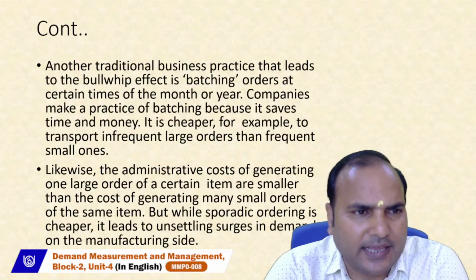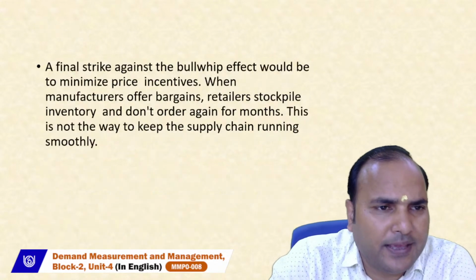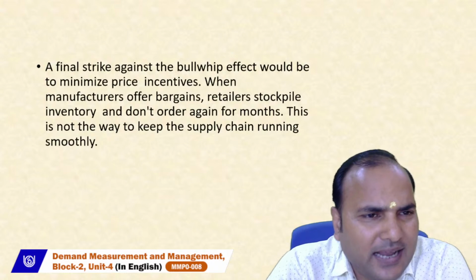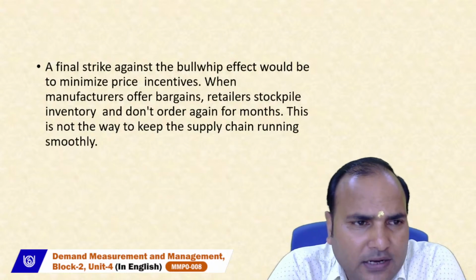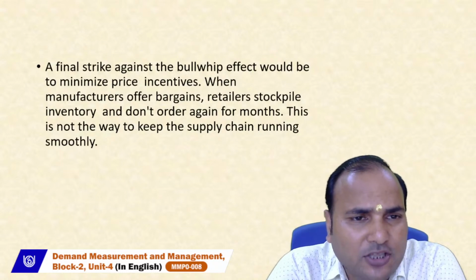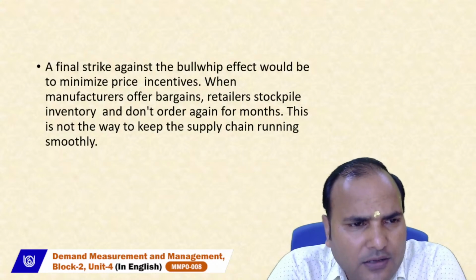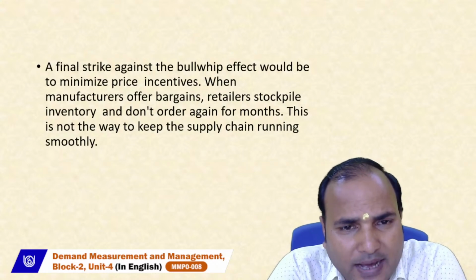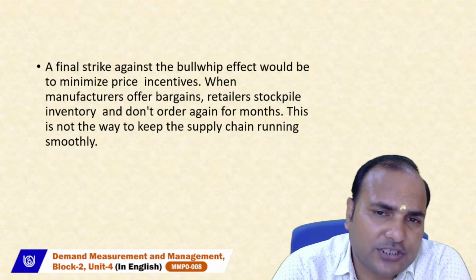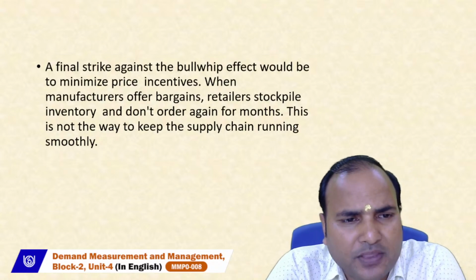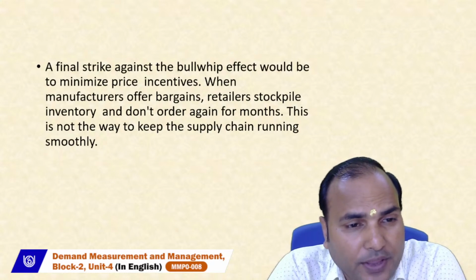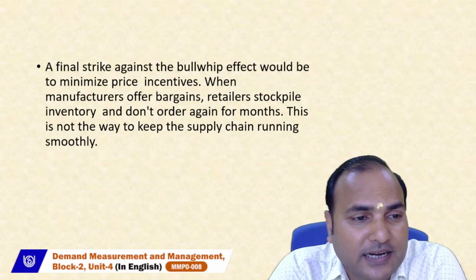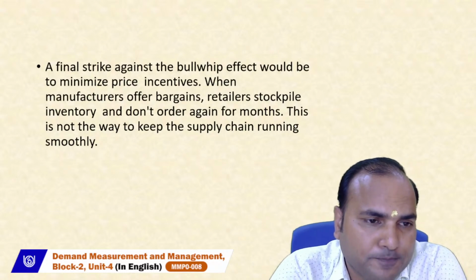So here we can say a final strike against the bullwhip effect would be to minimize the price incentives. When manufacturers offer bargains, retailers stockpile inventory and do not order again for months. This is not the way to keep the supply chain running smoothly.